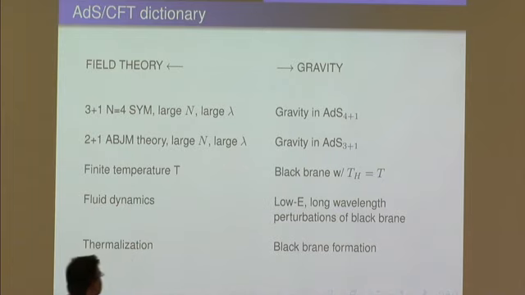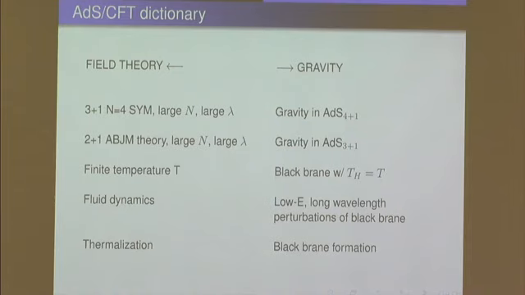And then finite temperature corresponds to having a black brane in the bulk, in the anti-de Sitter space, with the Hawking temperature being that of the dual field theory. And fluid dynamics, or hydrodynamics, corresponds to long wavelength perturbations of the black brane geometry.